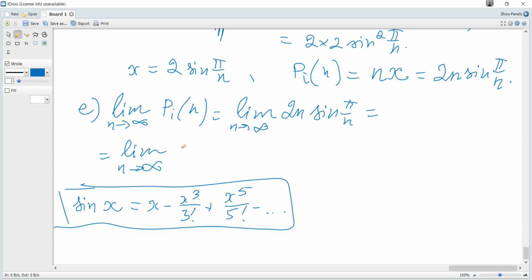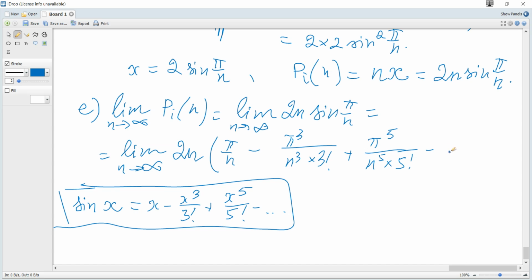So it becomes the limit of n multiplied by, we should use pi over n instead of x, pi over n minus pi cubed over n cubed times 3 factorial plus pi to the power 5 over n to the power 5 multiplied by 5 factorial, and so on.